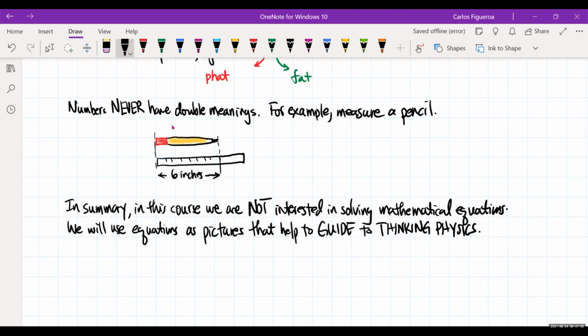So when I say I'm going to use an equation, that means this equation right here is really a picture. I see the equation as a picture, not a mathematical process. By the way, we are going to use mathematical operations. What I mean by that, I'm expecting you to be able to add and subtract certain numbers, multiply, and do some division, but they will all be relatively easy mathematical operations.